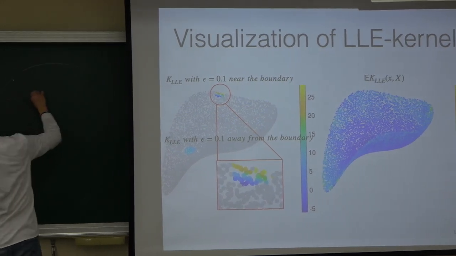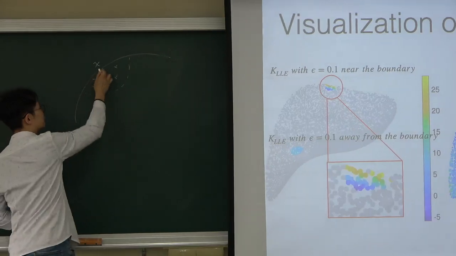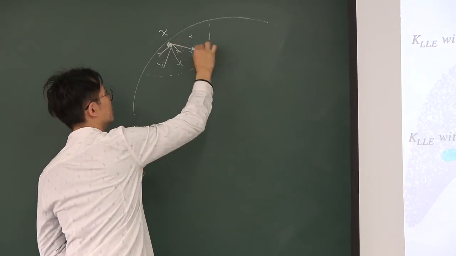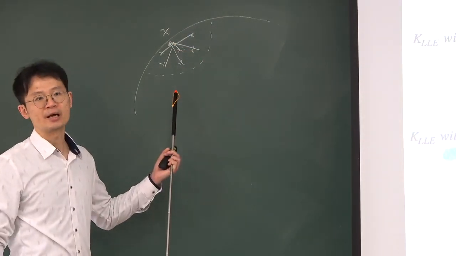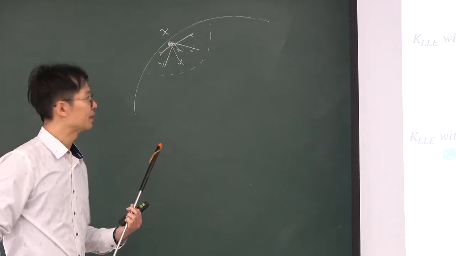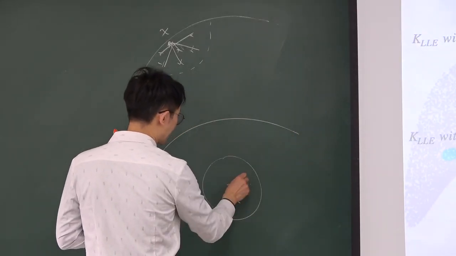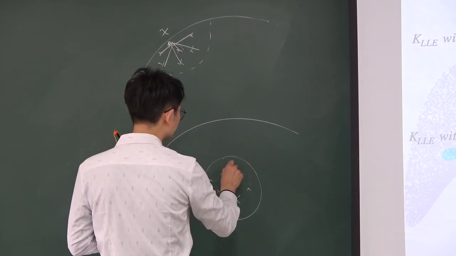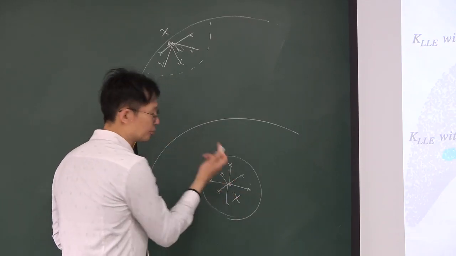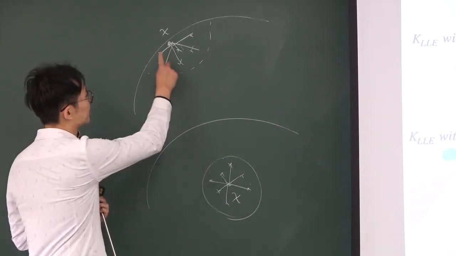Near the boundary x, if you find neighbors and want to determine the barycentric coordinate, the coordinate has to be positive or negative, otherwise it cannot really represent x. But if you are away from the boundary, the neighbors are evenly distributed in all directions, so when you evaluate the barycentric coordinate it will always be positive. That is the relationship.